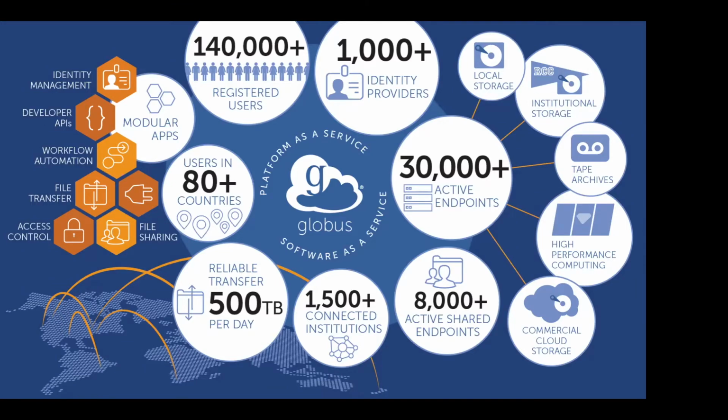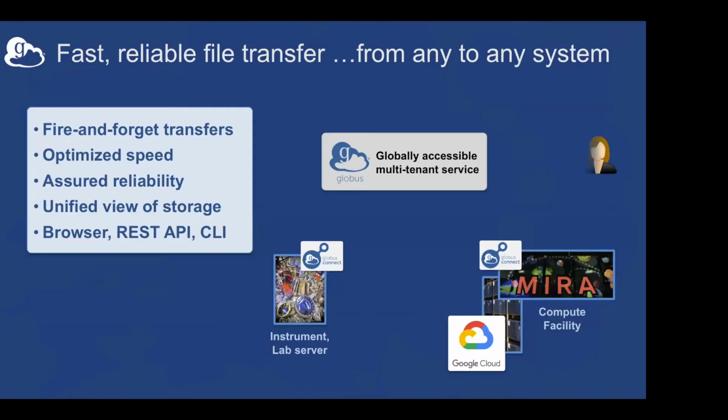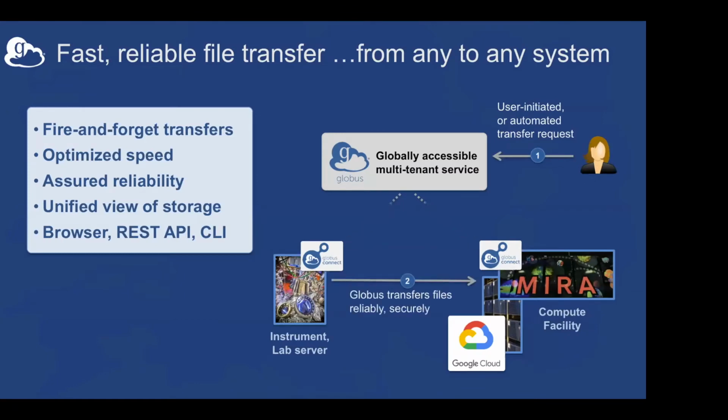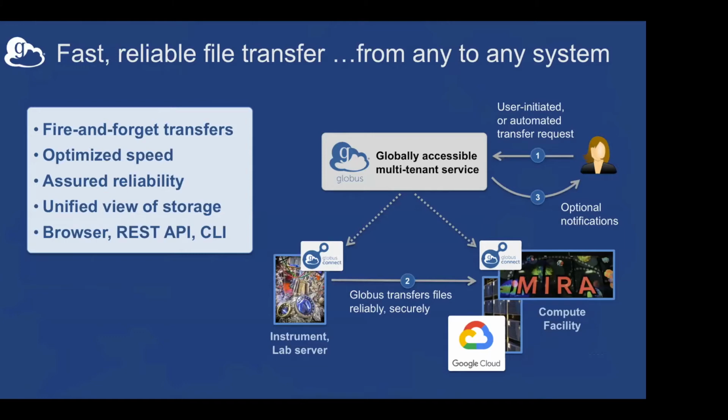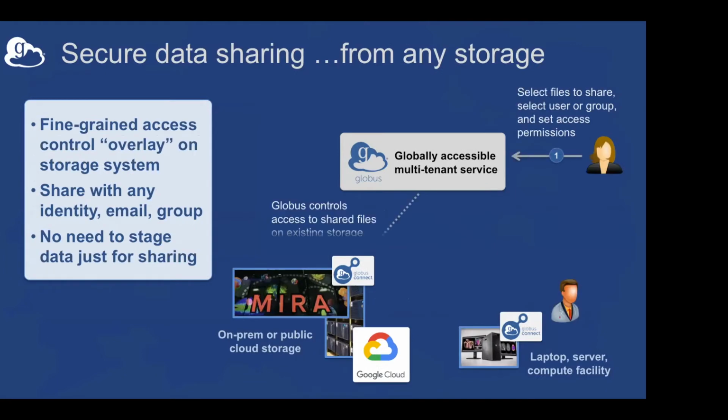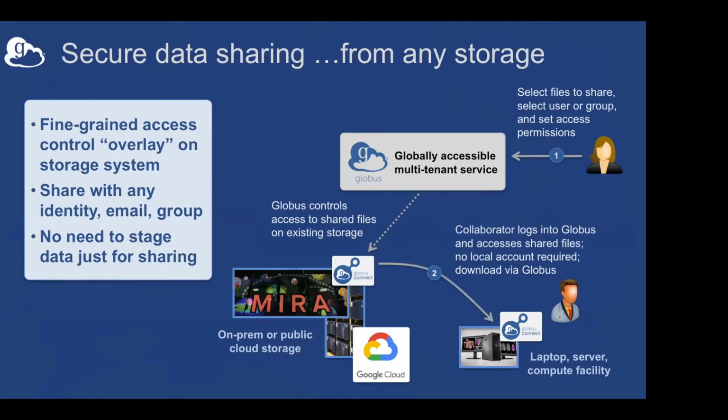But it's a service that at its core is about moving data and making data more accessible to folks, irrespective of the system they're using. So a lot of what Globus does is provide a unified view of different types of storage systems and allow folks to browse their data and move them across those systems. And very importantly, to also share those data with their collaborators, in particular those that might not have access to those systems.